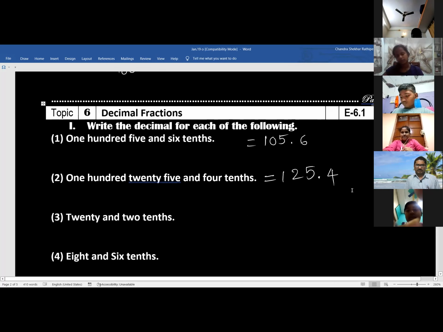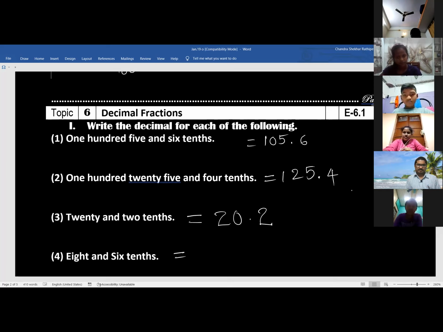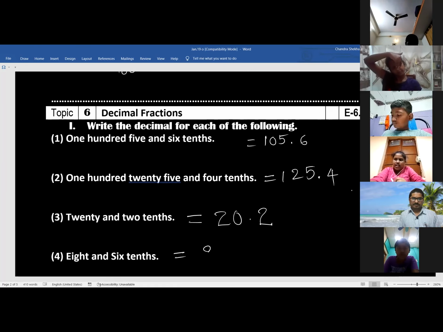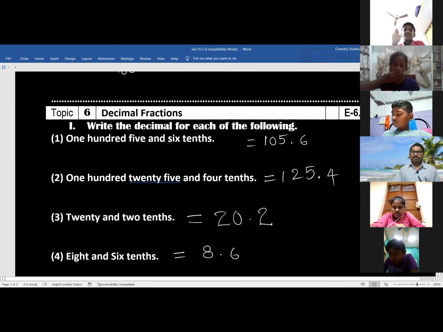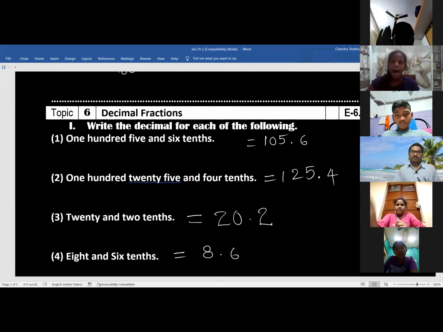Yes. Is it 20.2? Yes. Next. 8.6. Okay, very good.